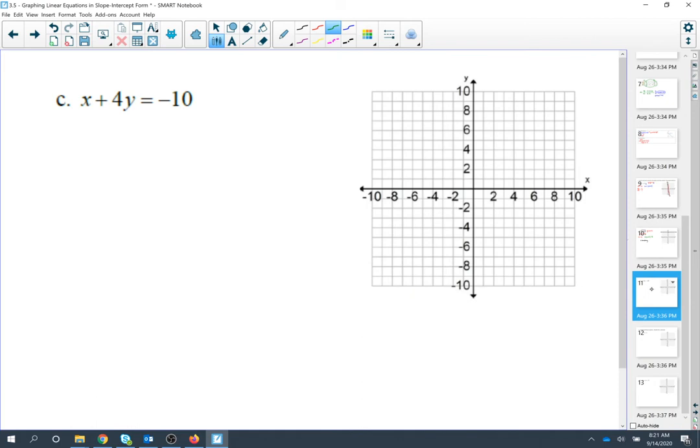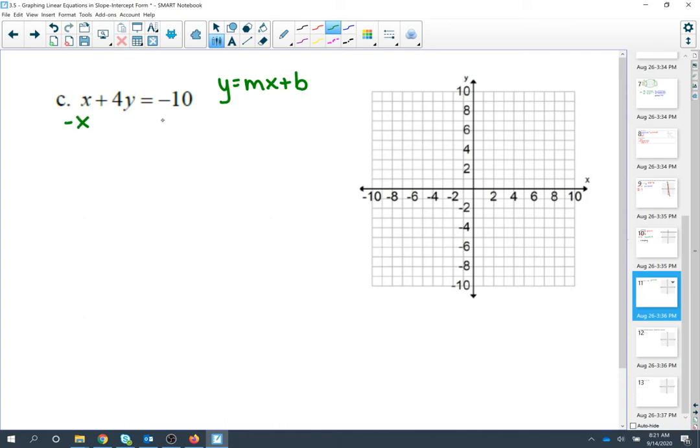Letter C, x plus 4y equals negative 10. Now, this one is actually in standard form, but right now we're practicing in slope-intercept form. So if I want it in slope-intercept form, I need it to look like y equals mx plus b. So step 1, we have to solve this equation for y.